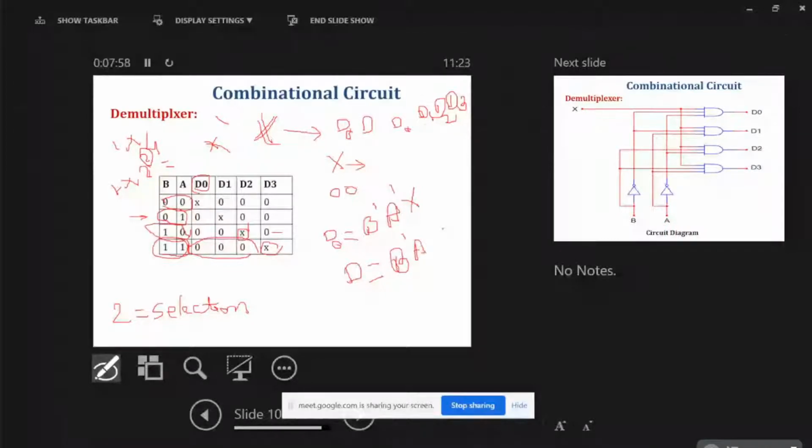The X in this indicates that for this combination it is true. So that was D1.